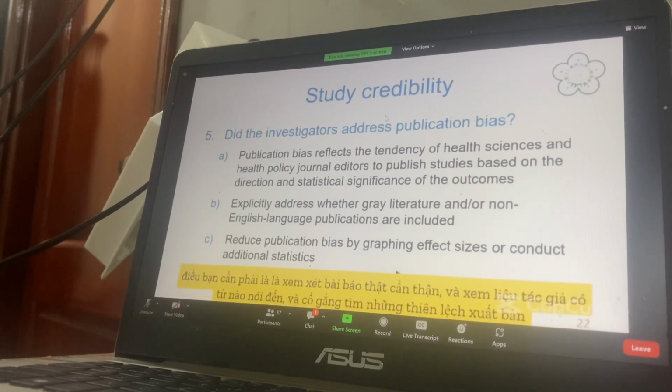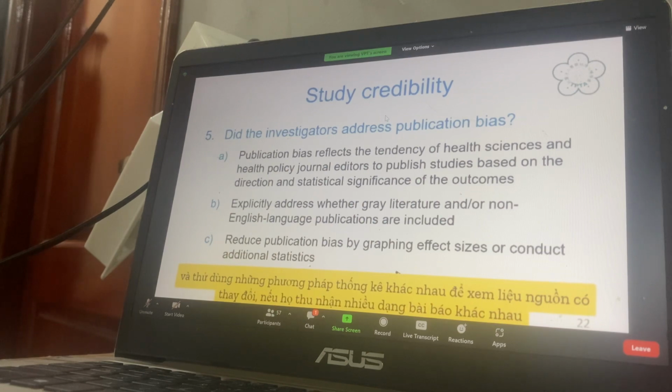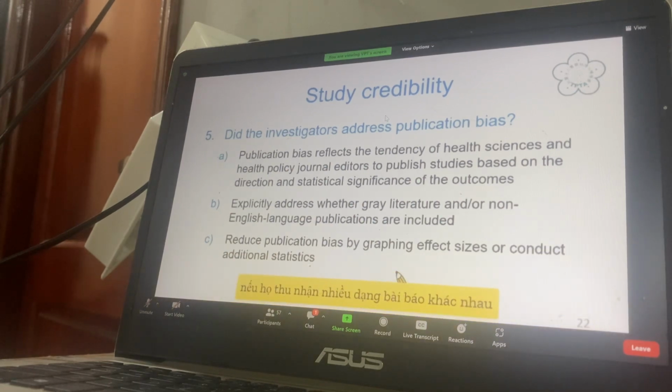So what you need to do is just look into the article carefully and see if the author writes out any wording saying that they tried to look for publication bias and tried different statistical methods to see whether the result changes if they included different types of study.